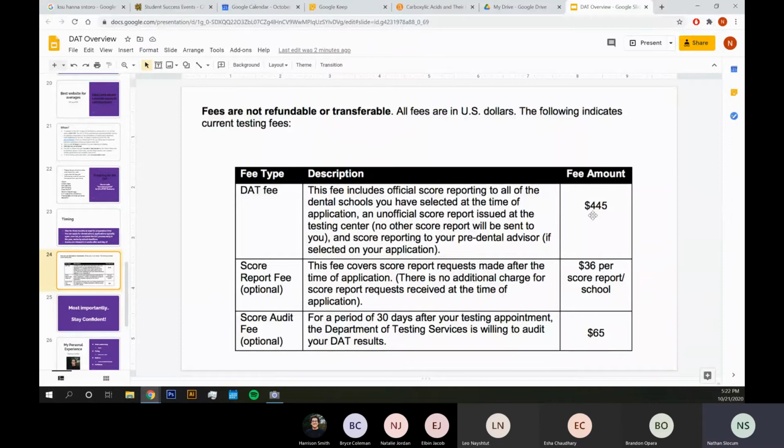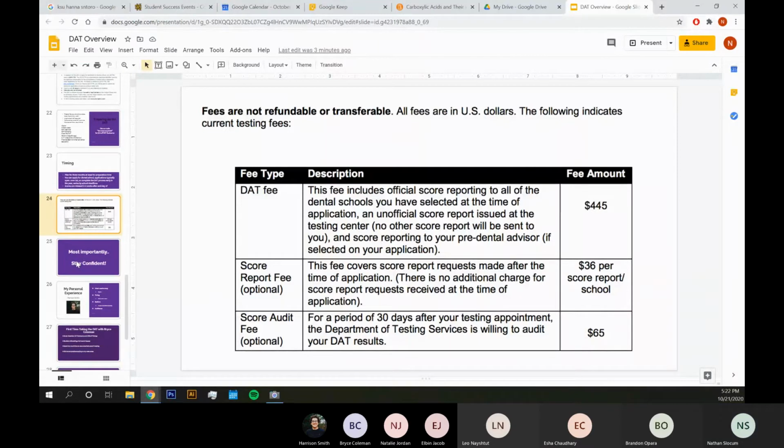The fees are high, so it's always recommended that you put in the most effort the first time so you don't have to do it an extra time. But it's not a problem if you have to. Some things just don't line up right, and that one day may not be the best for you. But these are the fees and they're not refundable.